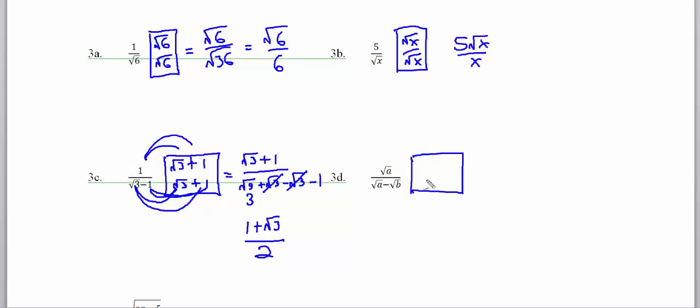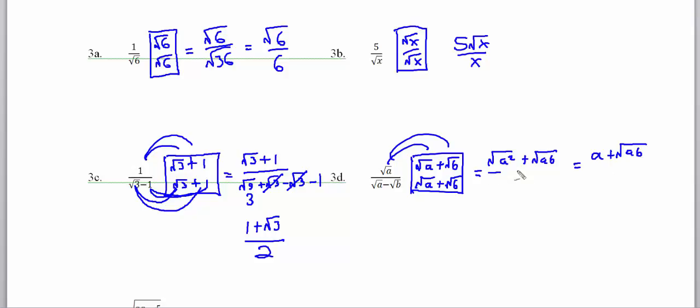All right, so here, following this pattern before, we're going to have to multiply the top and bottom by square root of a plus square root of b, instead of what you see down the denominator. Because if you do it that way, what you're going to get is a denominator free of radicals. Now up here, what we're going to have is the square root of a squared plus the square root of ab, which I can then change to a plus the square root of ab. Now let's actually look through the denominator and do our FOIL there.